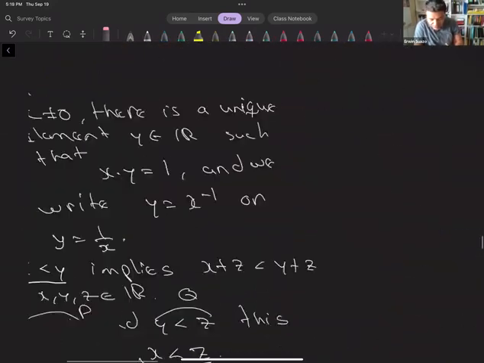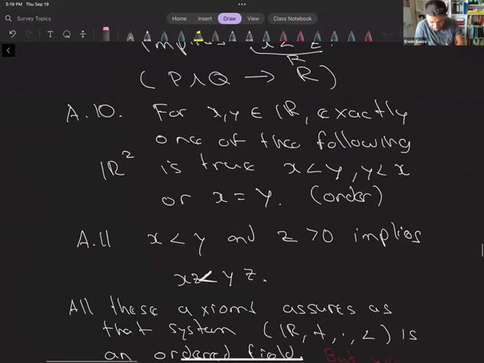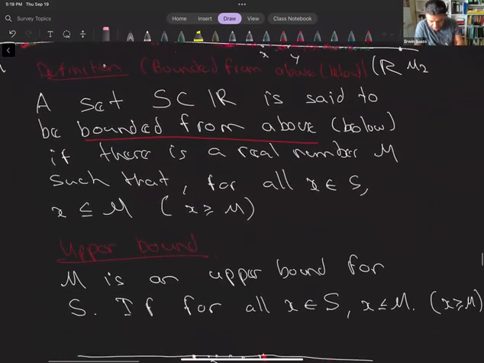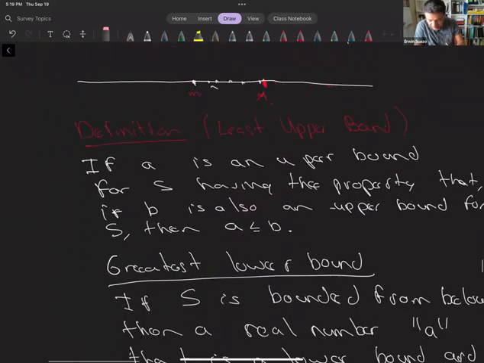So that's why, for this upper bound, the greatest one might not belong to that class. This least upper bound is such an important property of the real numbers, because later we're going to call it complete.